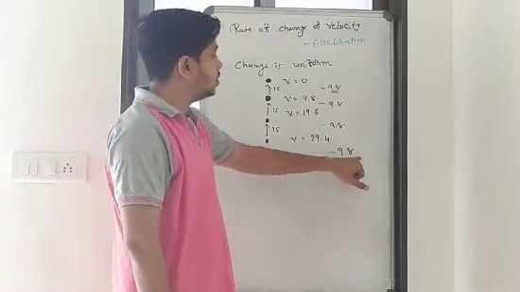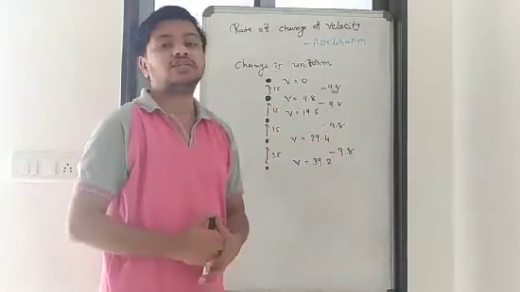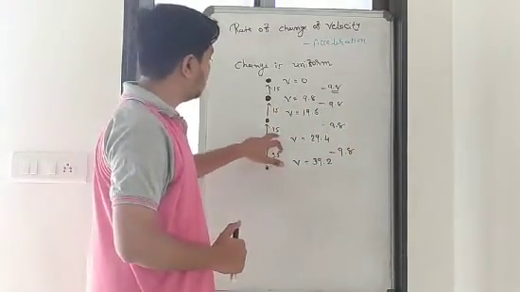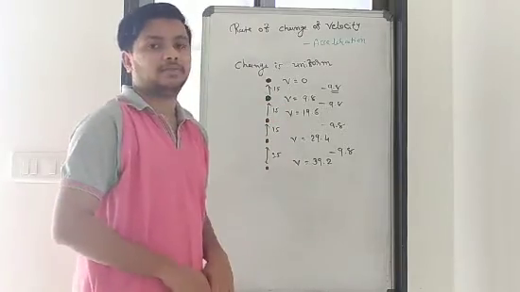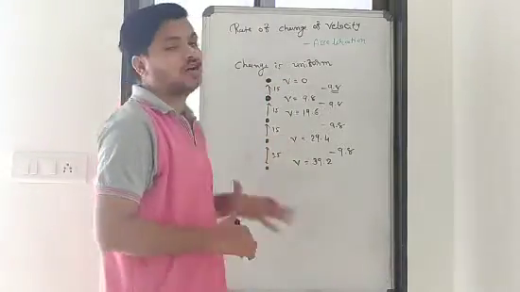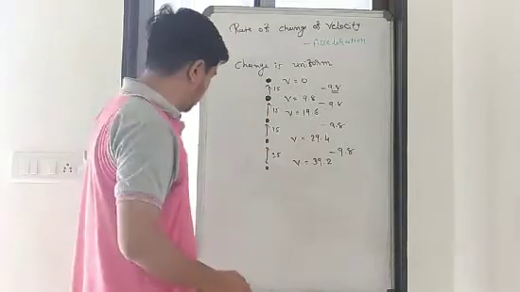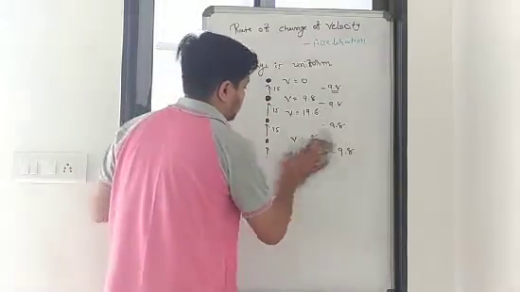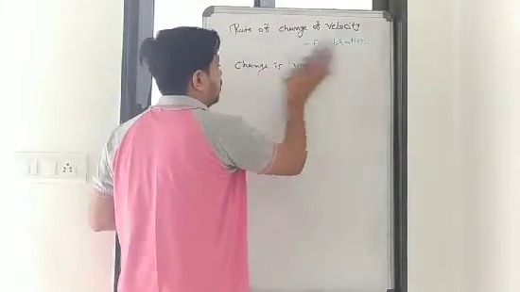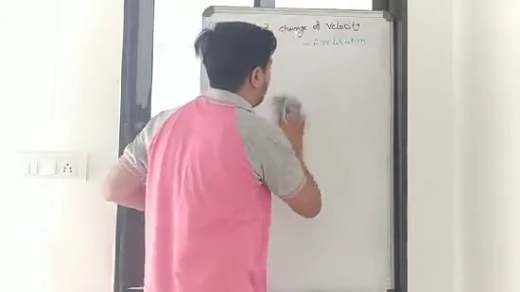So here the change in velocity is the same in the same interval of time. This type of motion is known as uniform acceleration motion.